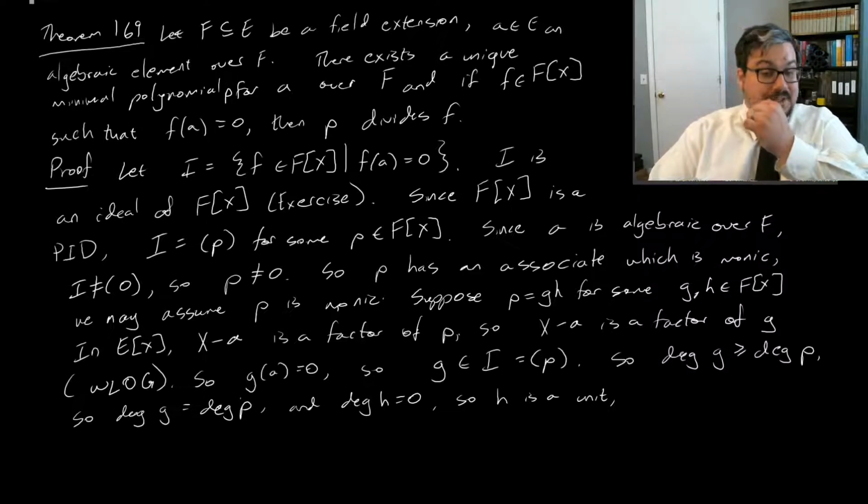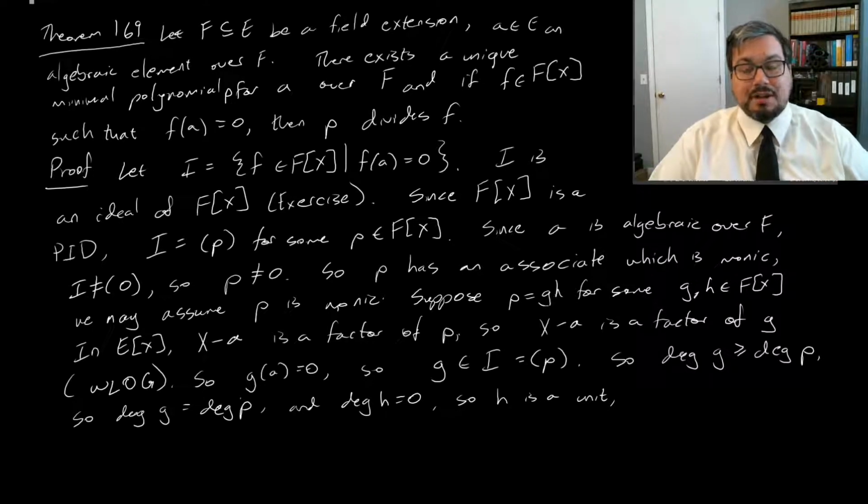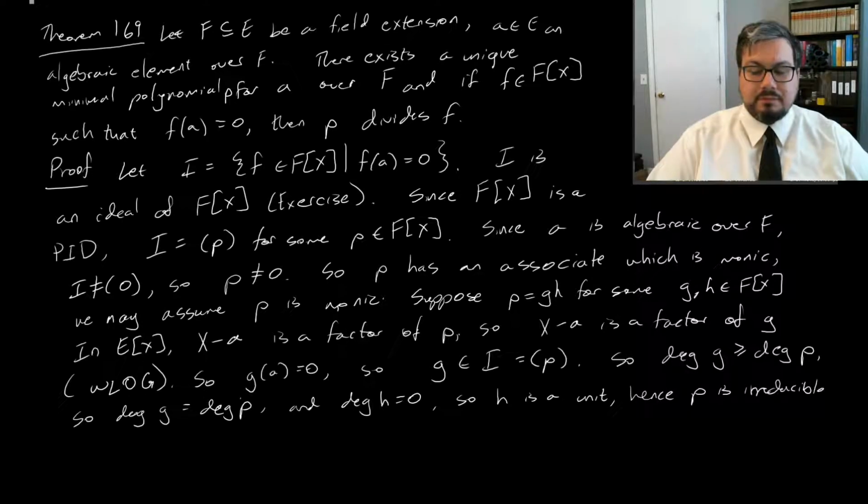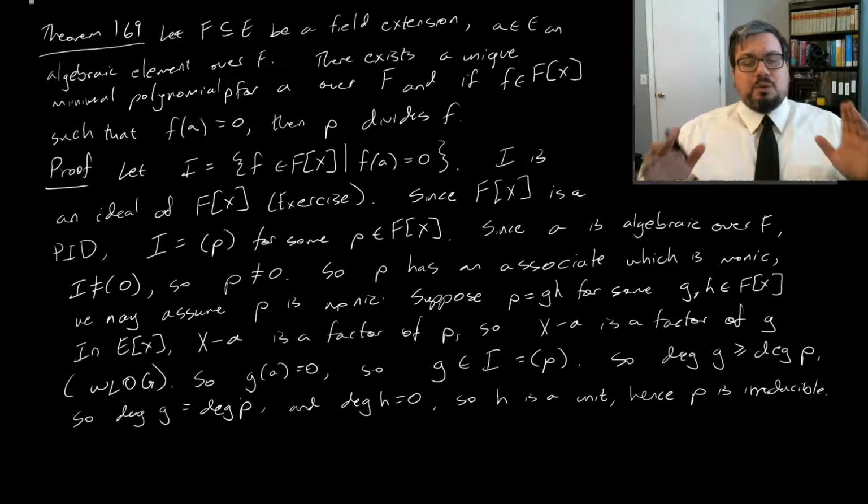And so what we did is we assumed that P is equal to a product of two things. We proved that one of those things had to be a unit. So hence, P is irreducible. So we've found a monic polynomial P, which has A as a root and is irreducible.